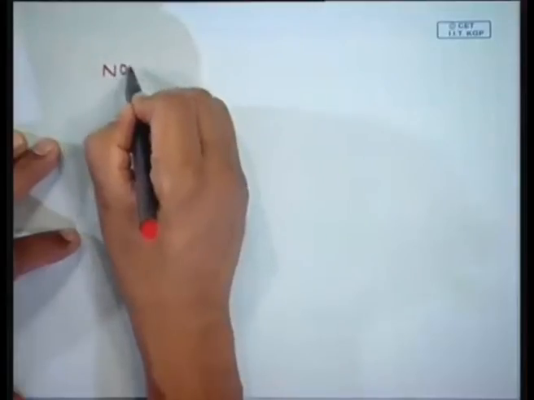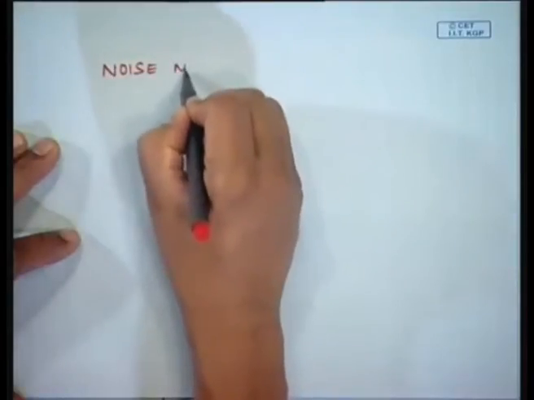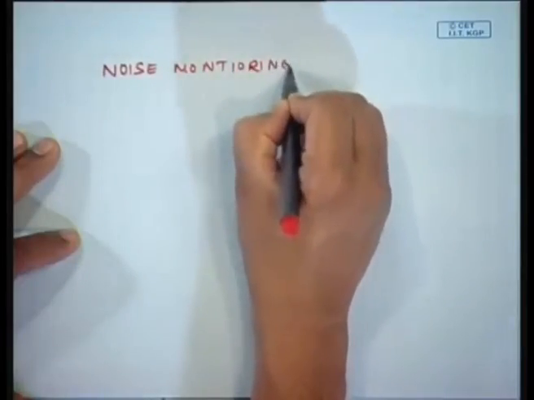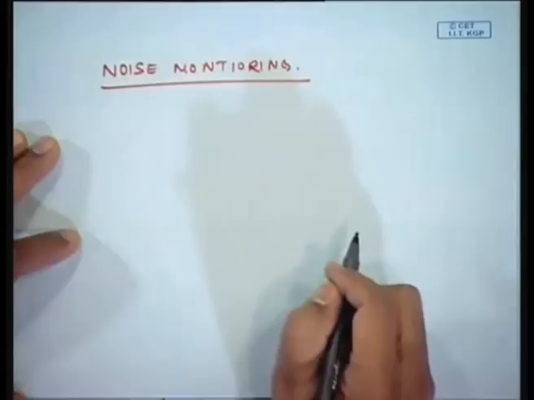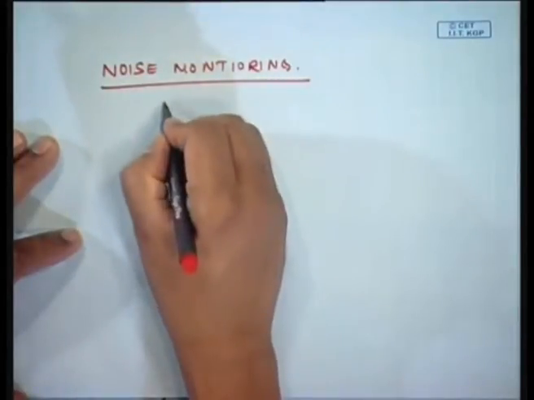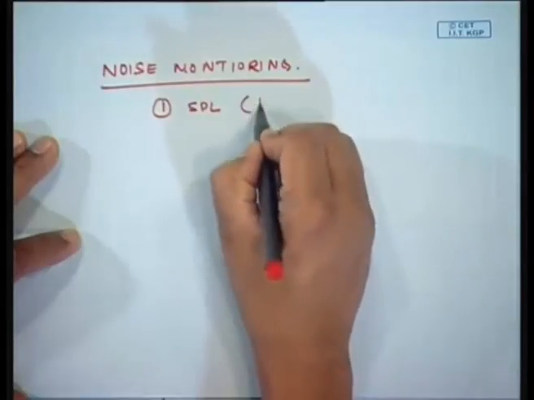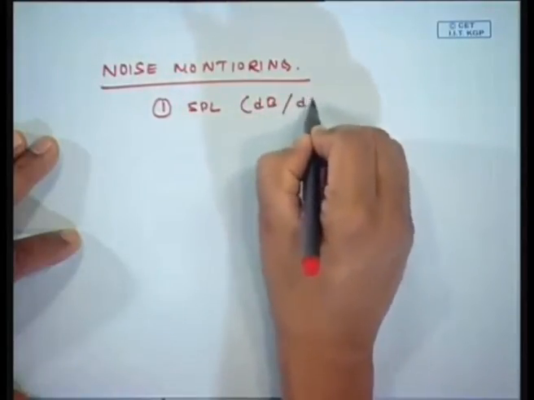Now, let us talk about the acoustical measurements. So, if in noise monitoring I have to ensure what of equipment or machine, what are the things I have to report? One is the SPL level, either in dB or dBA.